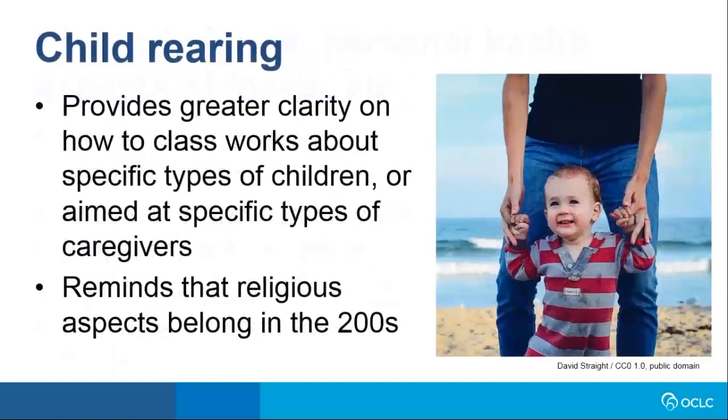Just to use a very broad example, if you were using Table 108 notation for women, would you be talking about women caregivers or female children? That was not always very clear, so we replaced those do not use notes with a manual note showing users what can and cannot be expressed in that area.